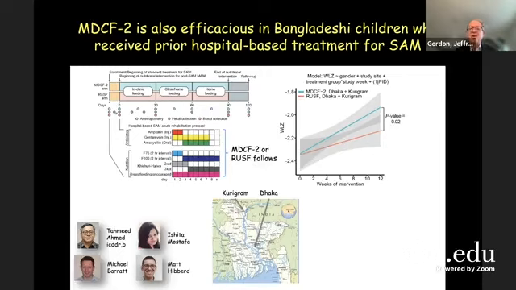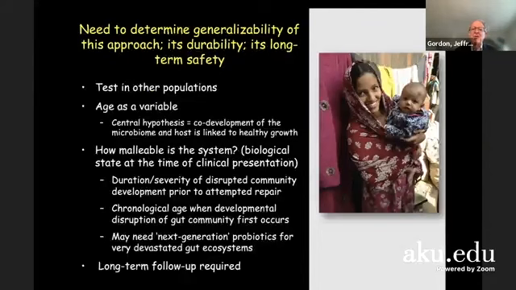And as before, the mediators that we were able to identify in the plasma proteome of musculoskeletal development, CNS development, regulators of metabolic function, regulators of immune function, changed in a way that was significantly improved in those who received MDCF2 compared to RUSF. So in my final two slides, let me just summarize and look ahead.